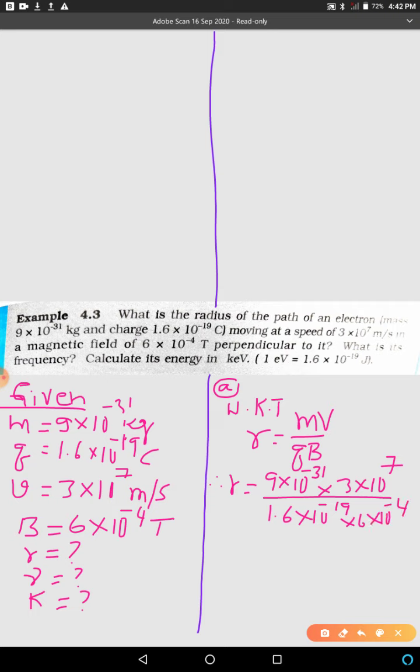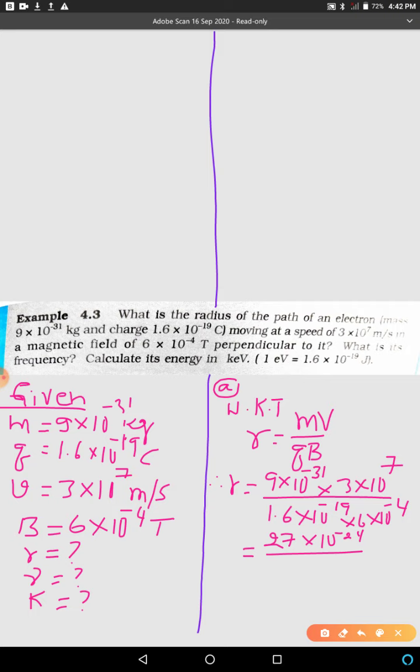So just calculate. What does the numerator come to? 9 3s are 27, into 10 power of minus 31 plus 7, so it will be minus 24, I think. Minus 24 divided by 1.6 into 6.